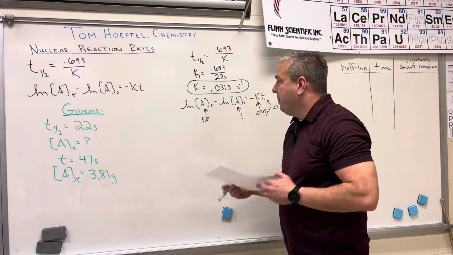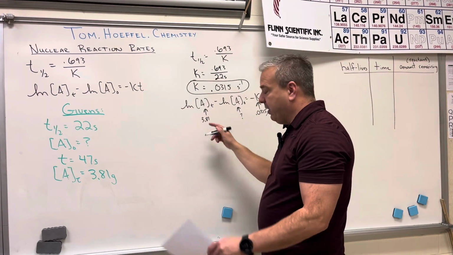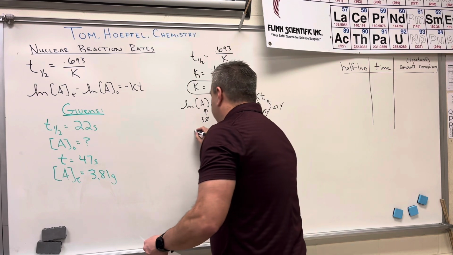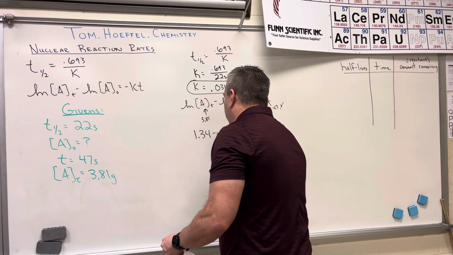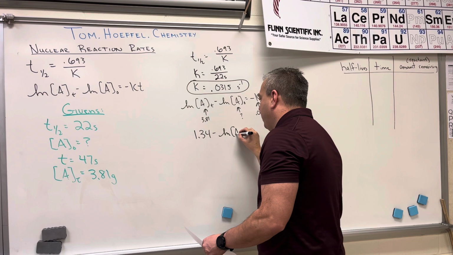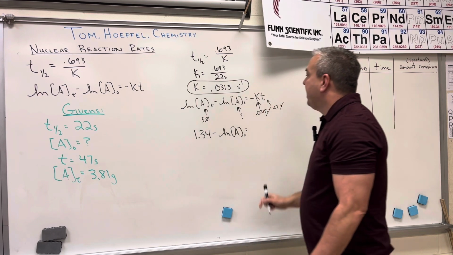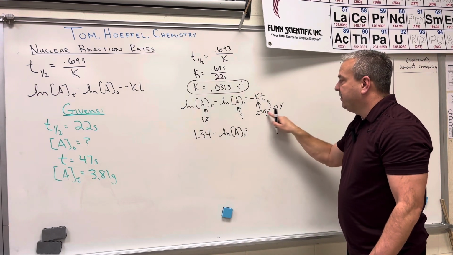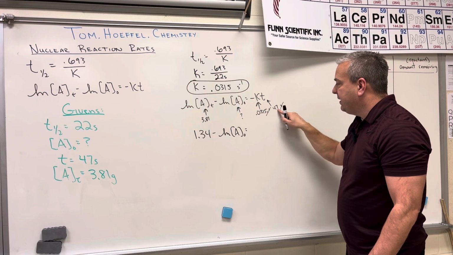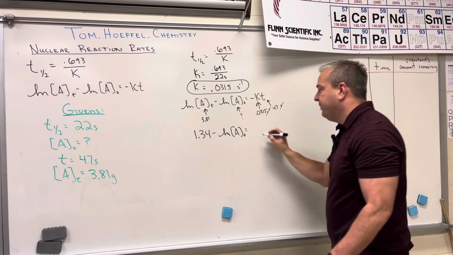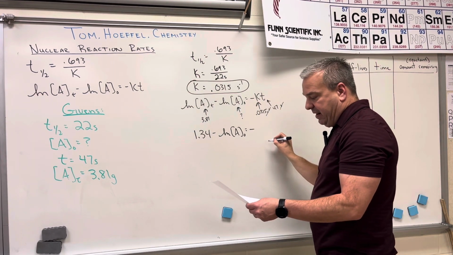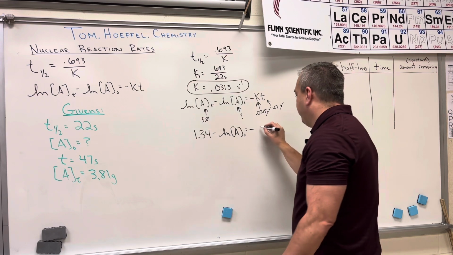In my calculator, I'm going to take the natural log of 3.81, and that gives me 1.34, minus the natural log of the initial amount. And I'm going to multiply these two together. So 0.0315 times 47, remember there's a negative there, is going to equal negative 1.48.